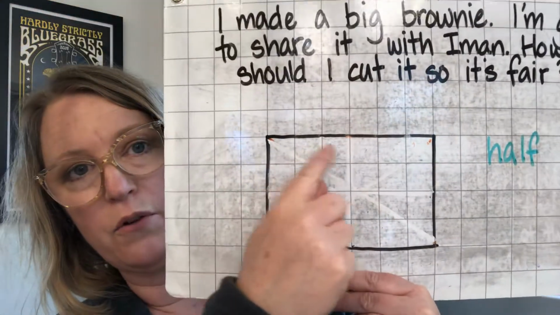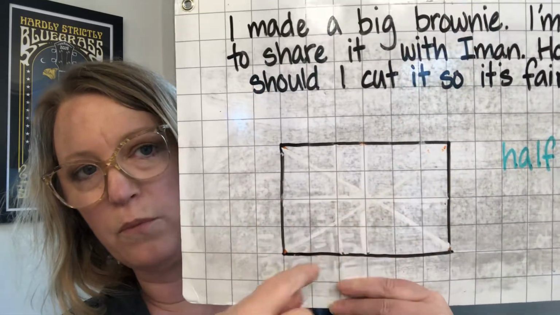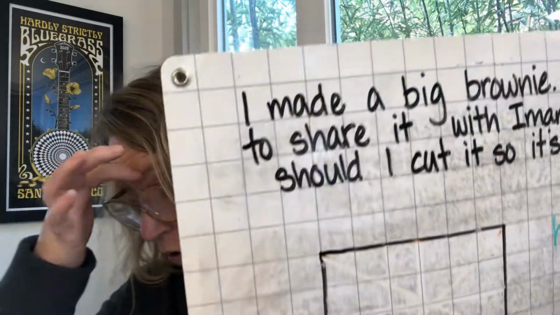How could we cut the brownie into 3 equal parts? Will you draw a new brownie in your graph paper and think to yourself, how can I cut it into 3 equal parts?